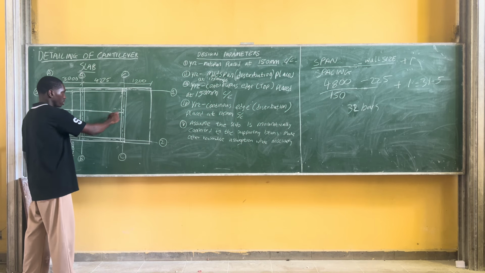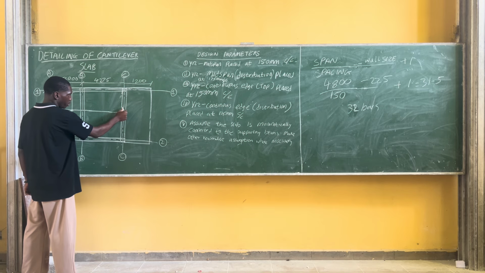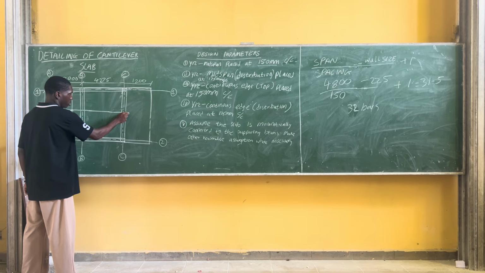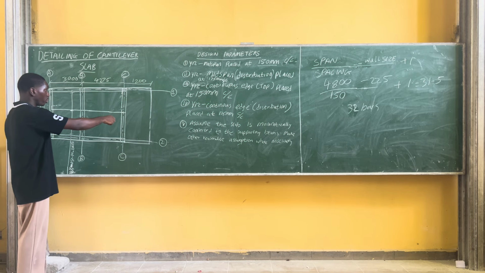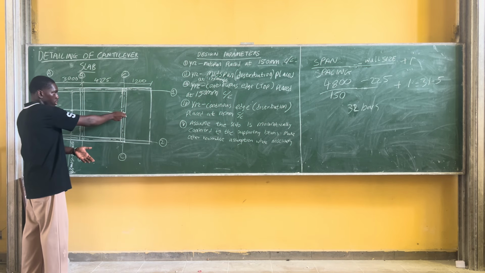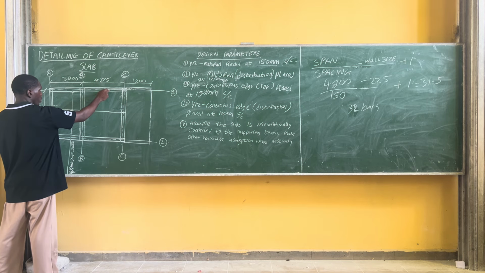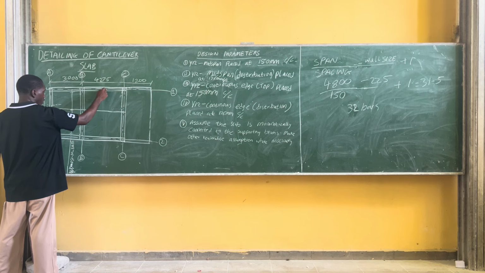This is a cantilever, so there isn't supposed to be a hook around this place, because here is a continuous edge. But if it's discontinuous at this edge, there's supposed to be a hook. So this is our first one now. Now we'll solve for our distribution bars, which are spanning from here to here. So when looking for distribution bars, it will be like this.